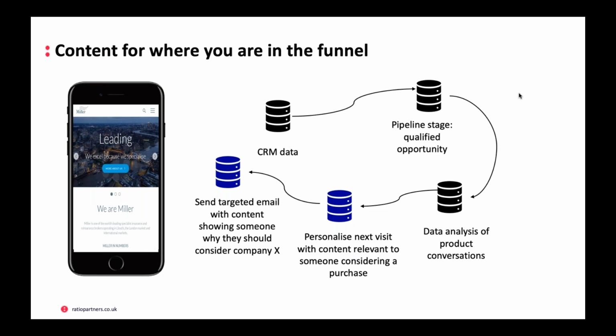For a funnel example for a B2B company where you have CRM as your single source of truth, CRM data will enable you to identify where a user is within their opportunity pipeline with you as an organization. Perhaps they're a lead, perhaps they're an existing customer, perhaps they're being actively nurtured as an opportunity. And then creating personalized scenarios based on where they are with you as an organization. So if there's someone who's being nurtured as an opportunity, perhaps we want to provide more content, either across email or web, that will reinforce our credibility as a business.